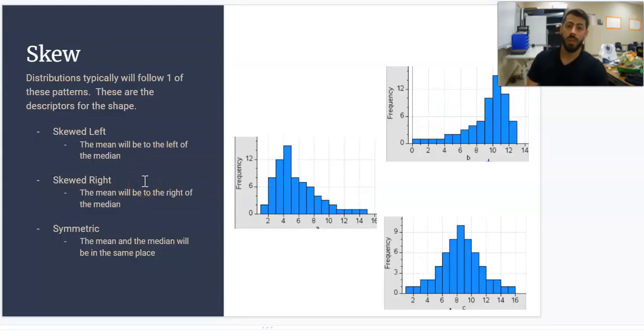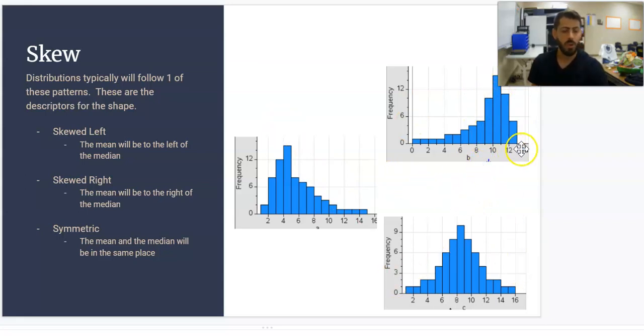So we talked about how we describe histograms, box and whisker plots, dot plots, and distributions in general. One of the things that we're asked to describe is their shape, right? So these are some of the descriptors we'll use for the shapes.